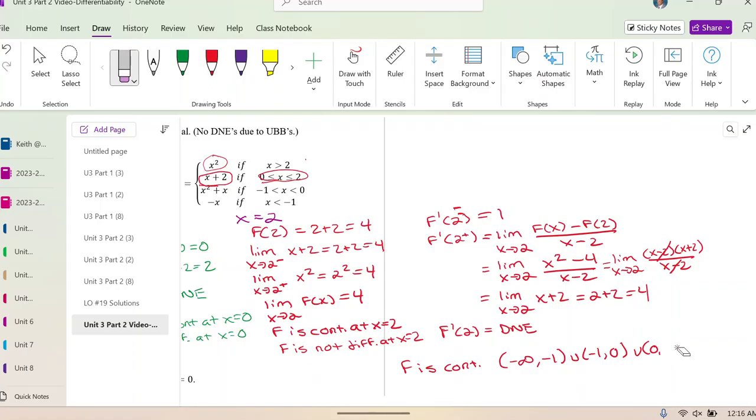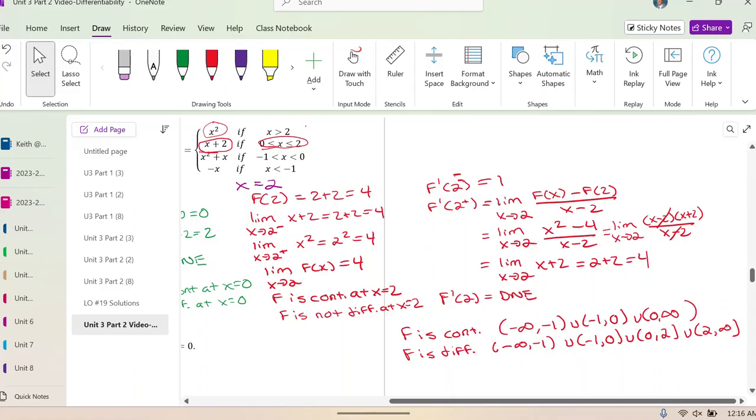It is continuous at 2. It's differentiable from negative infinity to negative 1, from negative 1 to 0, from 0 to 2, and from 2 to infinity.